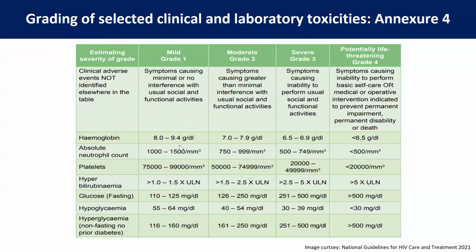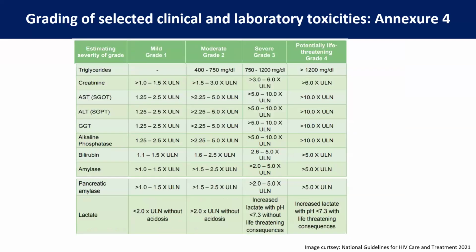So I have already discussed these blood parameters, up to which we have to mention the grading of the toxicity, whether grade 1, 2, 3 or 4, according to the blood level of hemoglobin, neutrophil, platelet, bilirubin, glucose. We have to identify the level of toxicities, and according to which we have to either observe or change the antiretroviral drug.